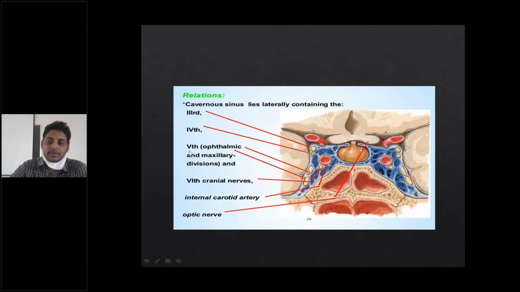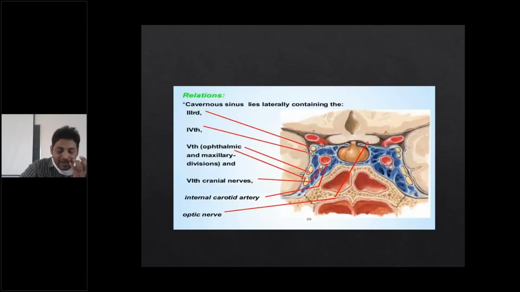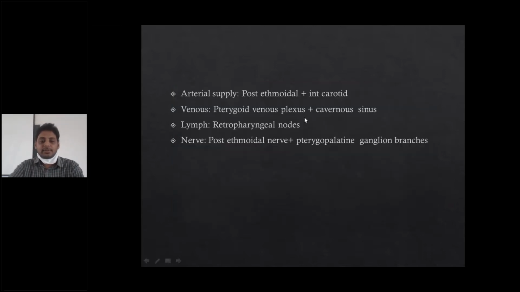This sphenoid sinus drains into the sphenoethmoid recess. The maxillary sinus, anterior ethmoid sinus and frontal sinus all drain into the middle meatus. Posterior ethmoid drains into the superior meatus and sphenoid sinus drains into the sphenoethmoid recess.